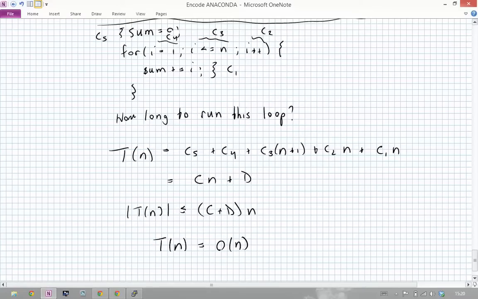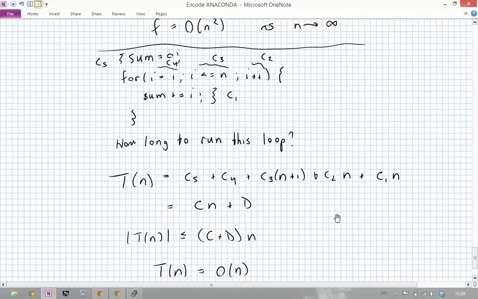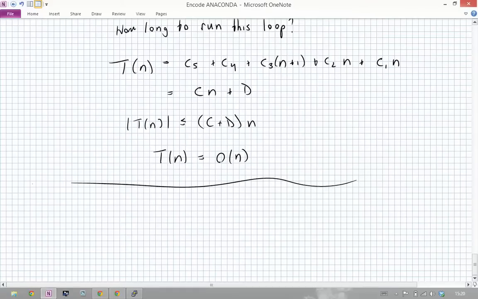What if I take this loop and run it twice? Should use j. Yada, yada, yada.